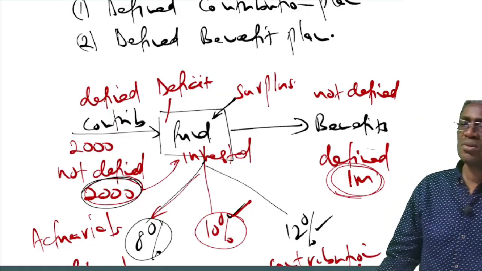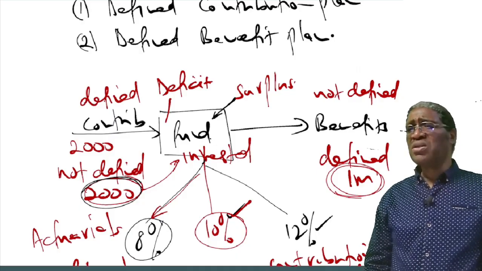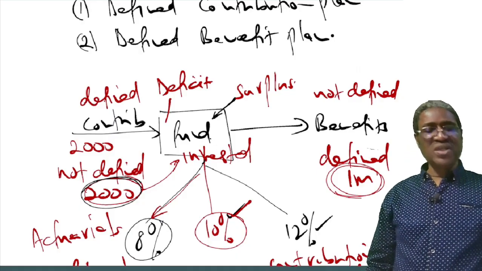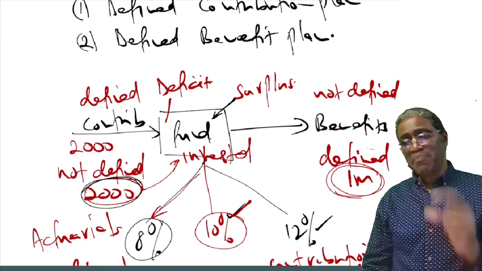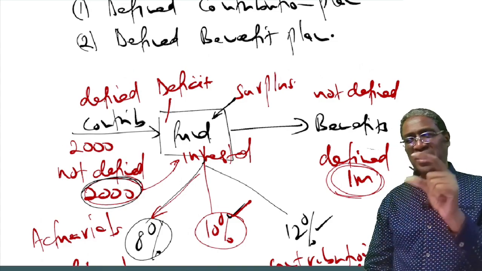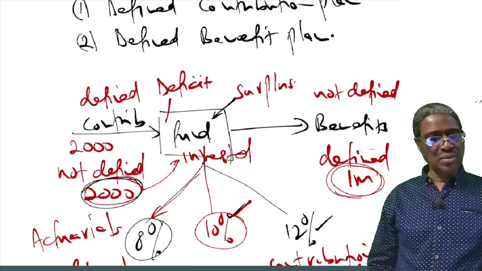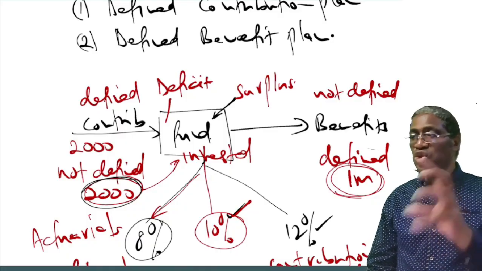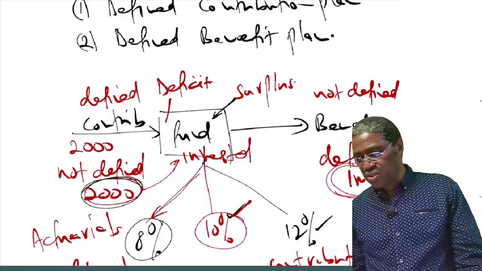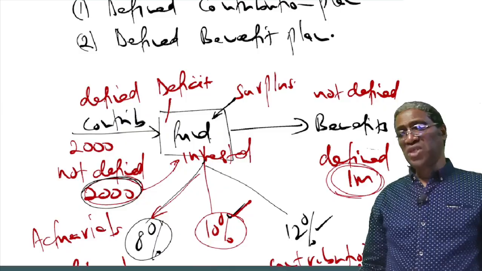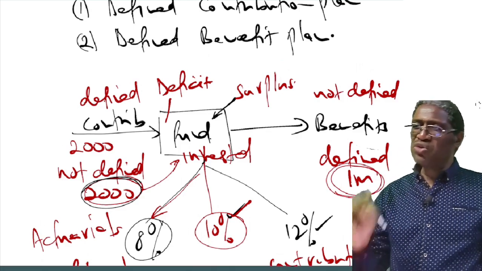Then you say this. In this plan, the benefits that an employee will receive at the date of retirement are defined, i.e., known in advance.